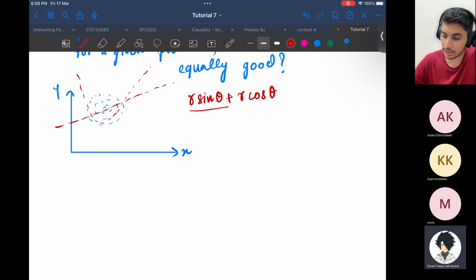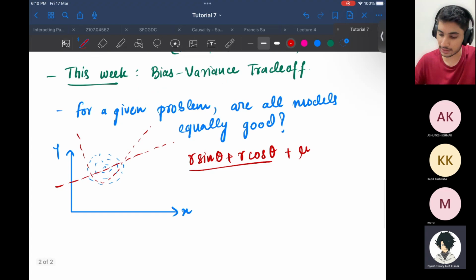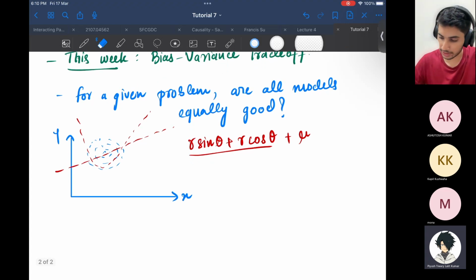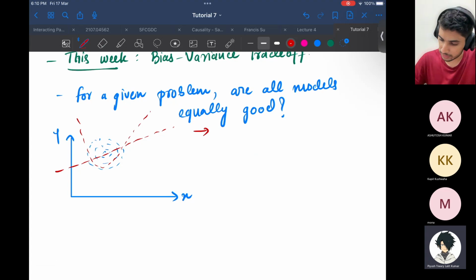So this defines a circle, and if you learn the r correctly, and maybe add some shift to it, you should be able to make appropriate predictions, right? So all models are not good. That is the central answer, the main point. So the answer is no.